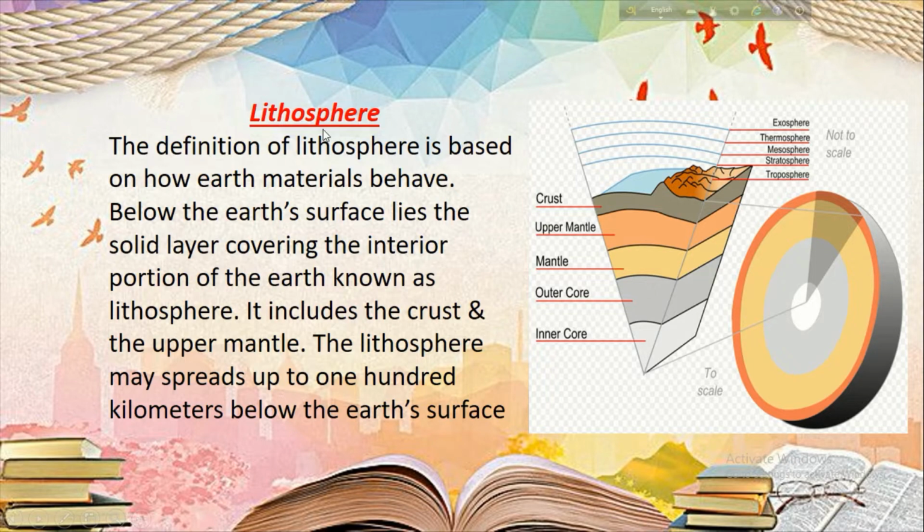So what is the definition of lithosphere? The definition of lithosphere is based on how earth materials behave. Below the earth's surface lies the solid layer covering the interior portion of the earth, known as the lithosphere. It includes the crust and the upper mantle zone. Crust and upper mantle zone combined make the lithosphere, and the lithosphere may spread up to 100 kilometers below the earth's surface.